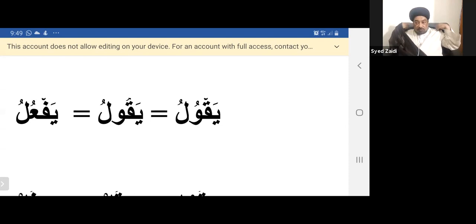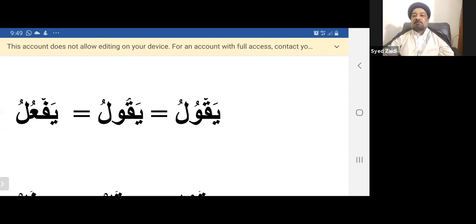So therefore it's going to be yaf'ulu. As you can see, ya in the first word that you see, ya is maftuh. Therefore, in the last word of the scale that you see, ya is maftuh.